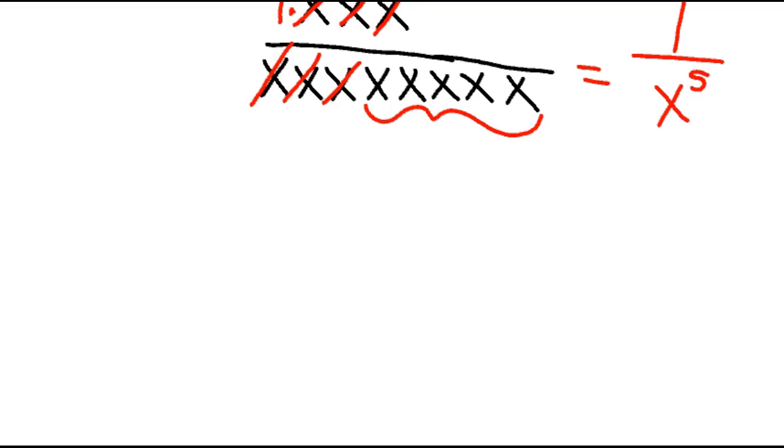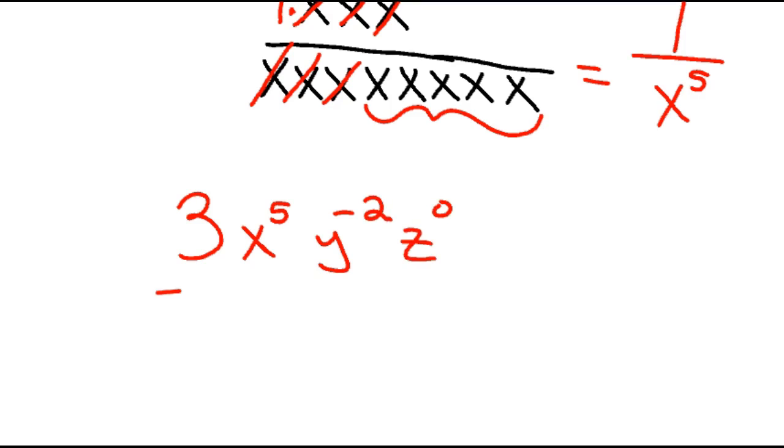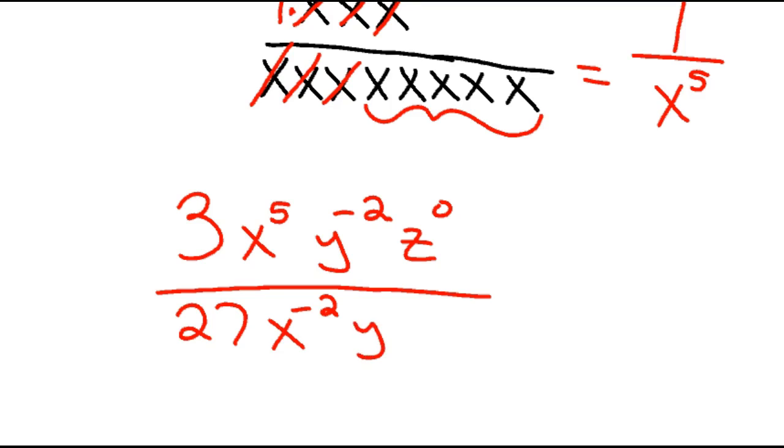And so let's take it to the next level. What happens when you have something that's a lot more complicated? Maybe 3x to the 5th, y to the negative 2nd, z to the 0 over 27 x to the negative 2nd, y to the 4th, z to the negative 8th.